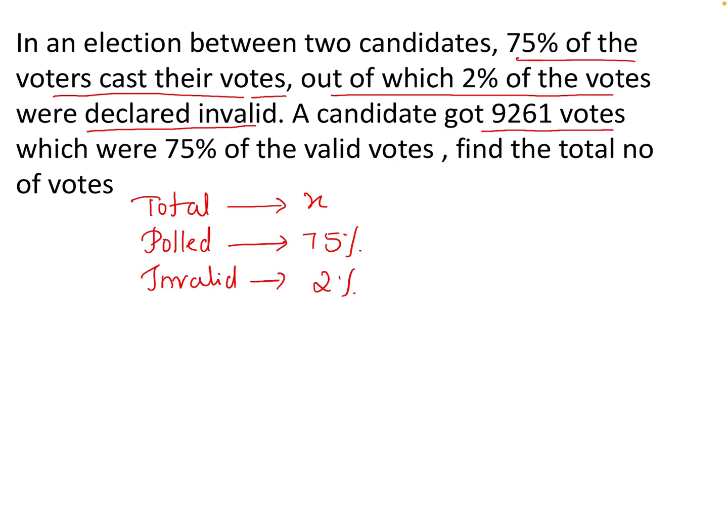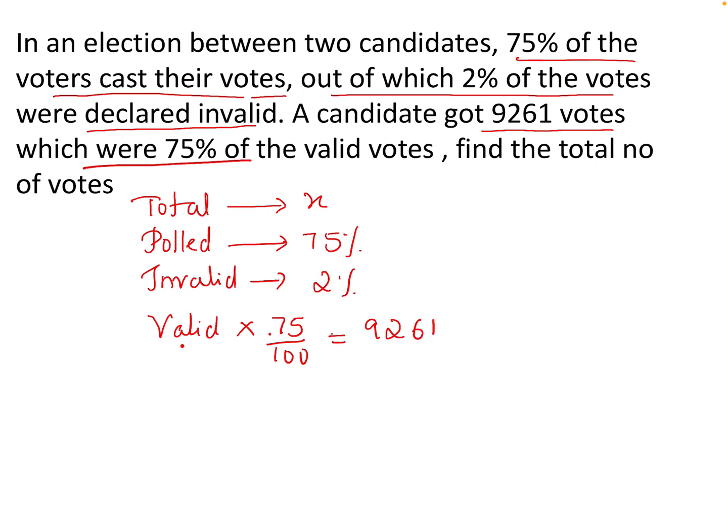Then a candidate got 9,261 votes, which were 75% of the valid votes. So 75% of valid votes were how much? 9,261.